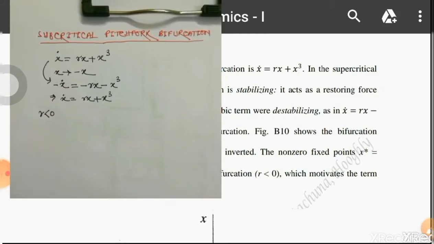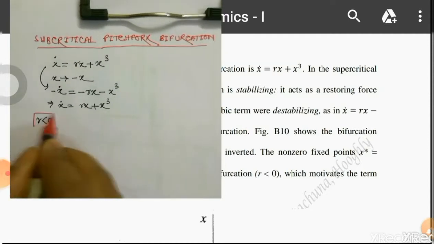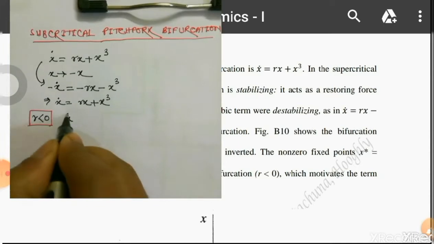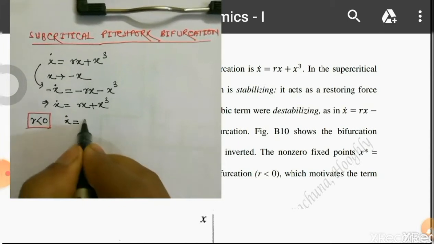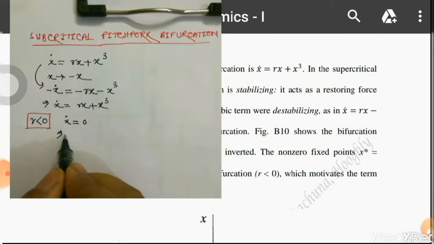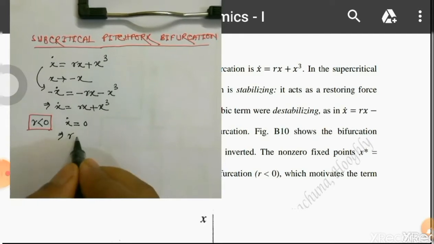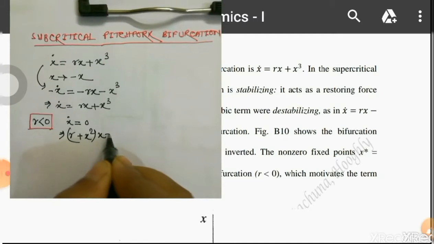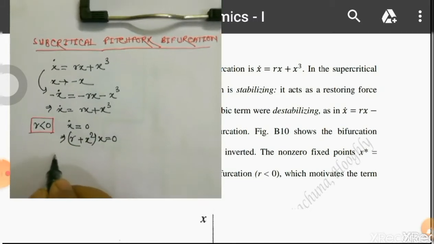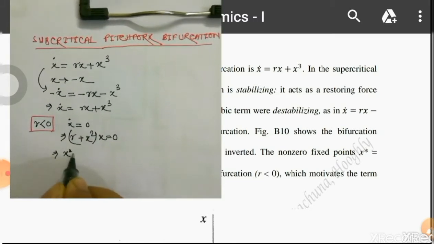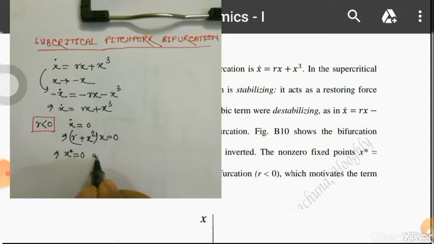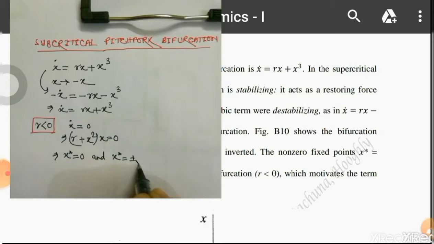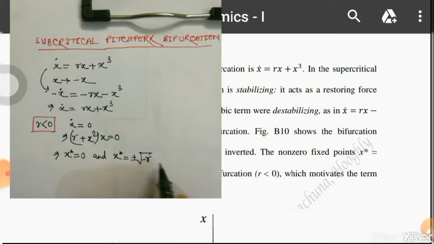When r is less than 0, the fixed point condition x dot equals 0 implies (r plus x square) times x equals 0. Therefore, x star equals 0 and x star equals plus minus root of minus r.